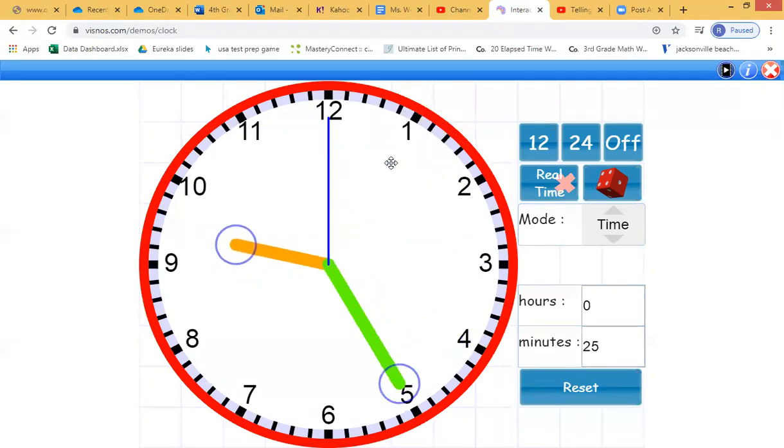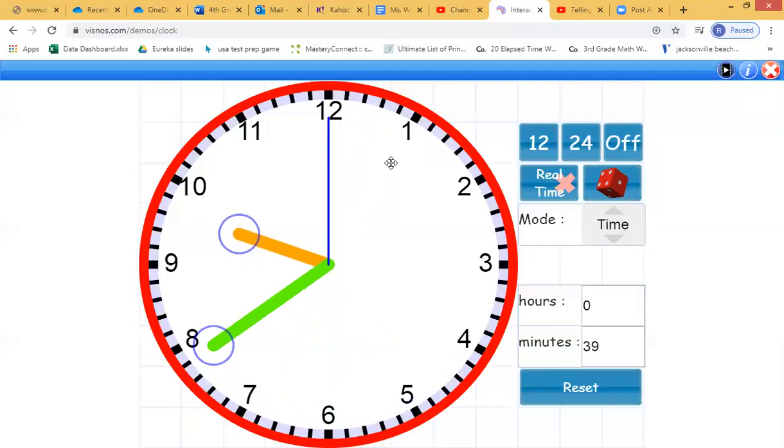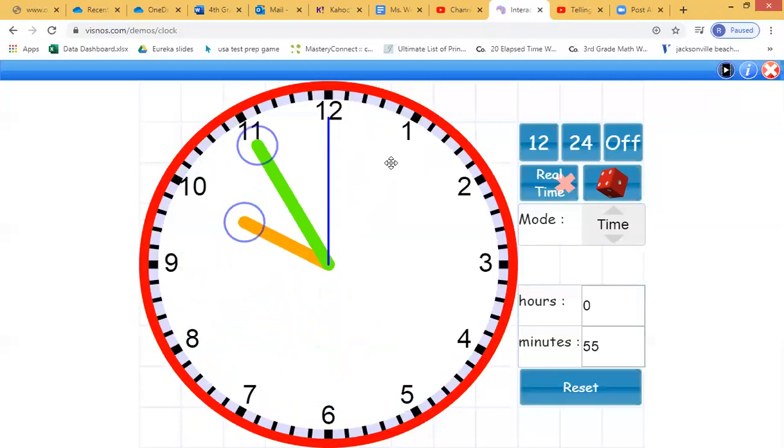When I get to 5, that's 25 minutes. 6 is 30. 7 is 35. 8 is 40. 9 is 45. 10 is 50. 11 is 55. And we're back at 12, which would be a complete turn of 60. So I know that 60 minutes equal 1 hour.